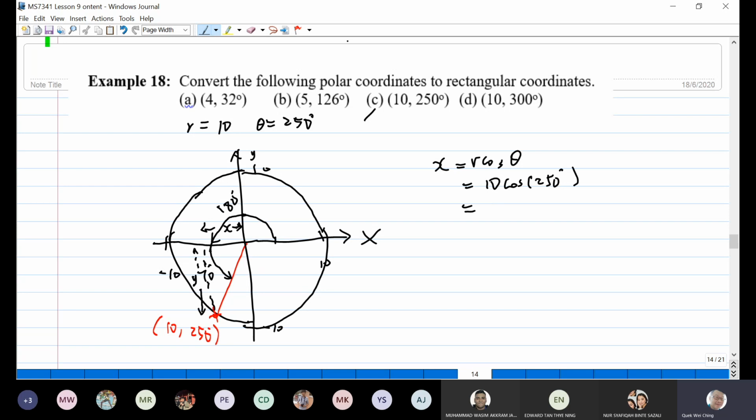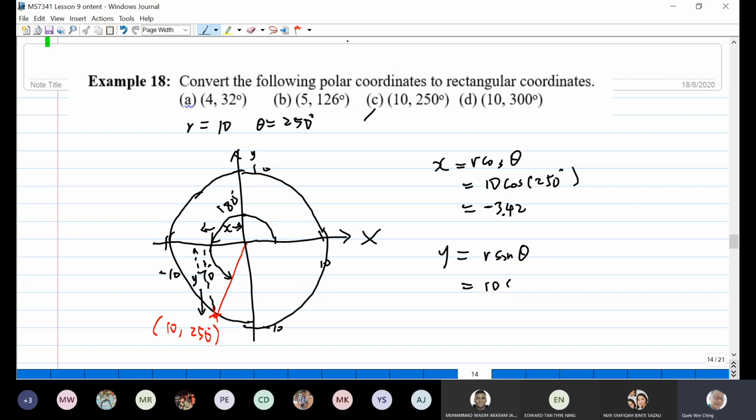So it's 10 times cosine 250. Okay, you get minus 3.42. Then also your y negative, right below the x-axis here. So y equal to r sine theta, formula for y right here.